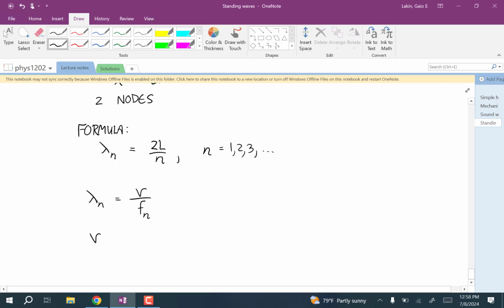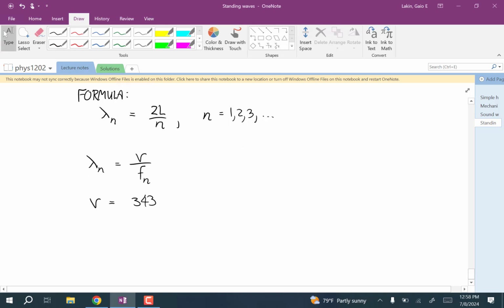Again, we're talking about oscillations in air, a traveling sound wave in air, so v is equal to 343. And so Fn is equal to 343 divided by the nth wavelength.